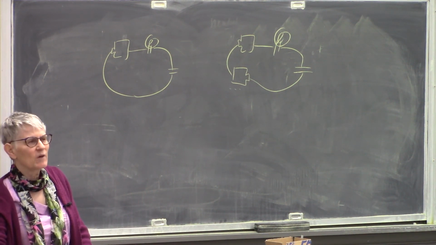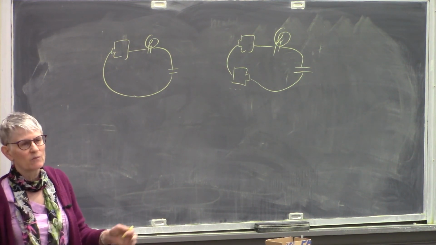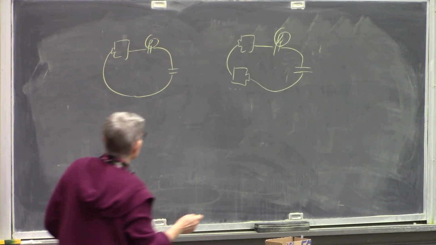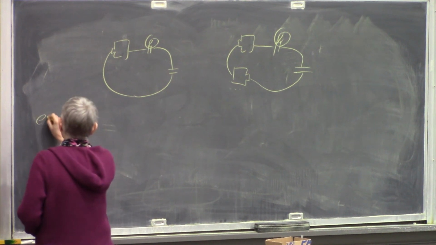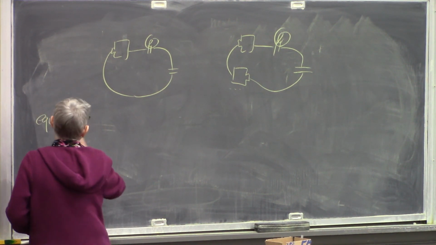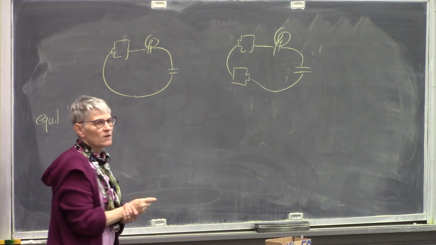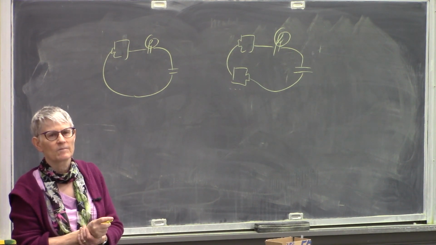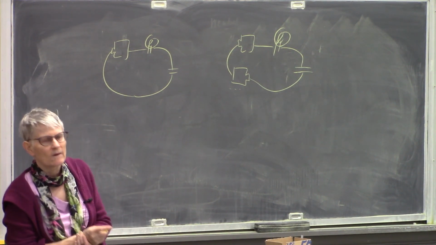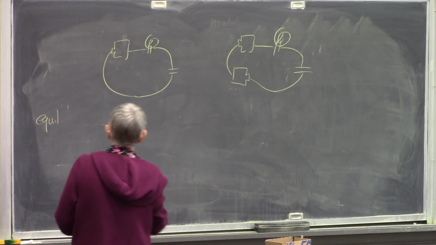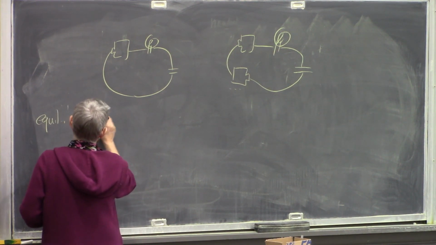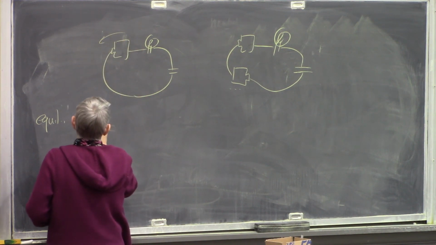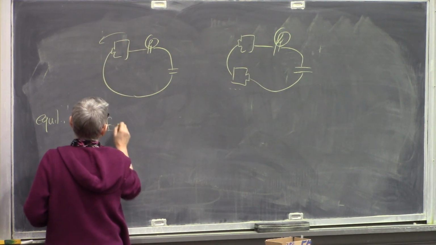One way to think about it is to think about equilibrium, where there's no current running. Let's write a loop equation for this circuit. Going this way, we have the EMF of the battery.